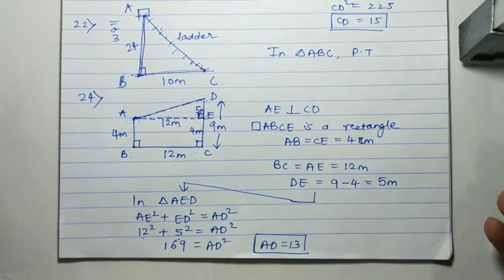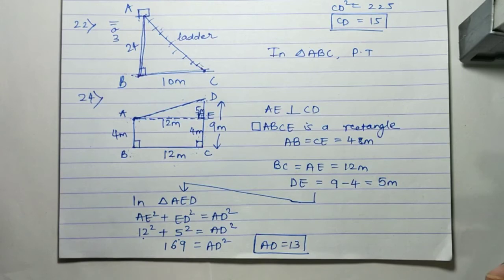Next, now question number 25 and 26 are again proofs. So we'll come to direct question number 27.